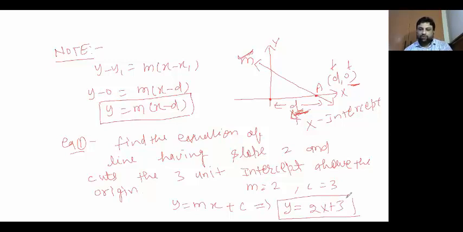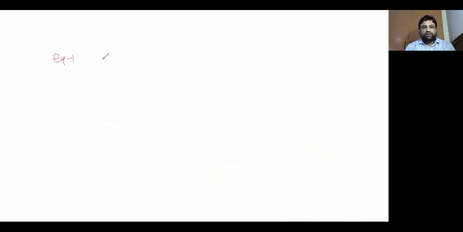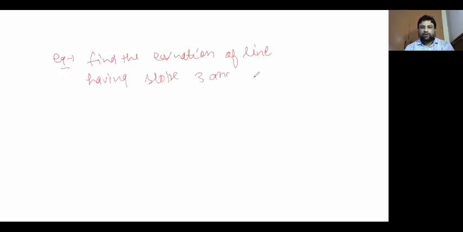Similarly, we can do one more question. Suppose in the question it is given, find the equation of line having slope 3 and cuts the 2 unit intercept right to the origin.